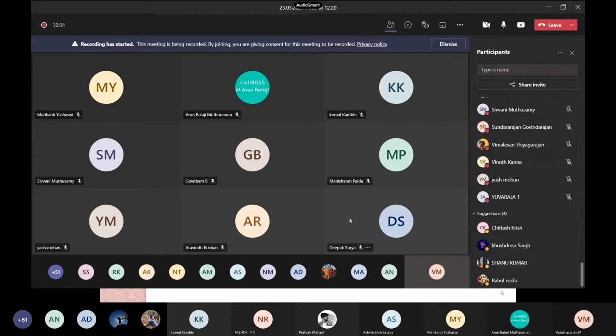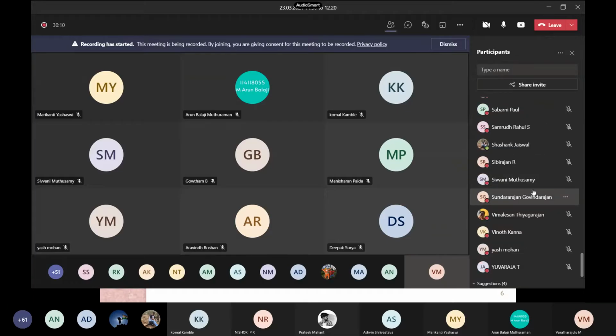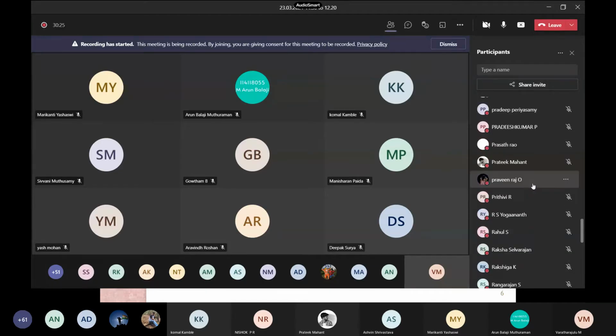Arvind Roshan, Deepak Surya, Samrudh Rahul, Rangarajan, Takshika Rahul, Raksha Selvarajan, Raksha. You are very attentive, very attentive.